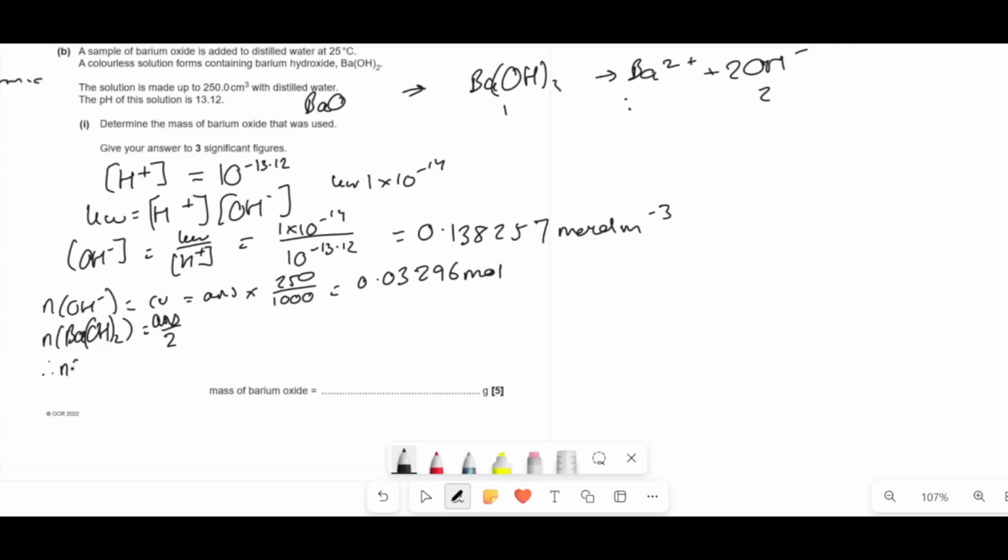So that means that the BaO moles, because that's what we're looking for, remember, barium oxide, is actually still also the answer over 2. So if we do that, the moles of the barium oxide is 0.016478, and then it's asking you for the mass, so mass equals moles times MR, which would be your answer times the MR, which is 153.3, which is 2.53 grams.